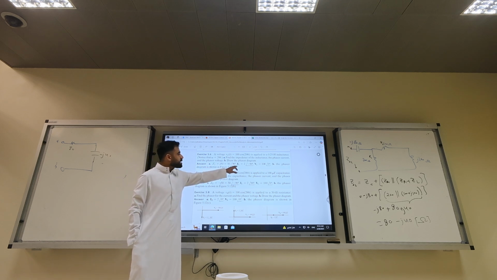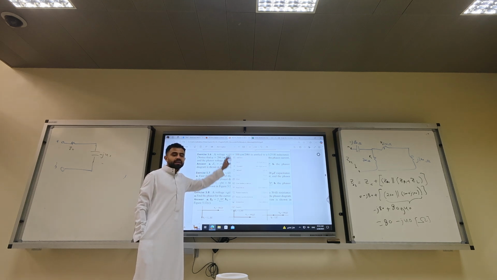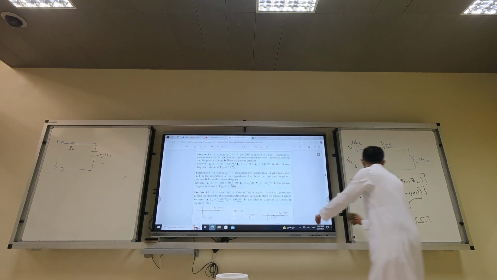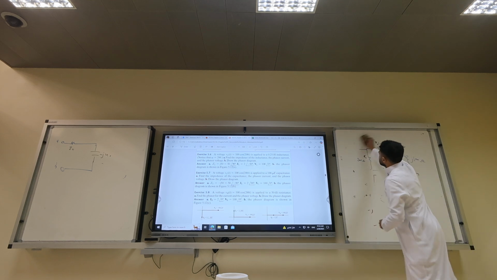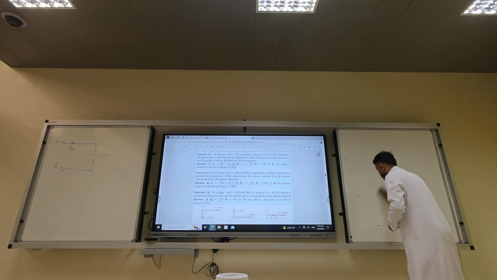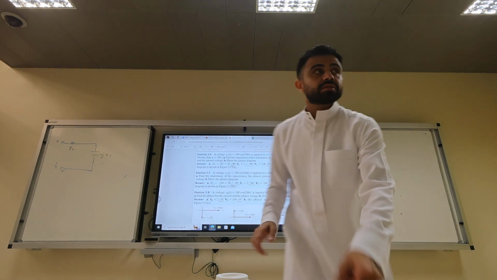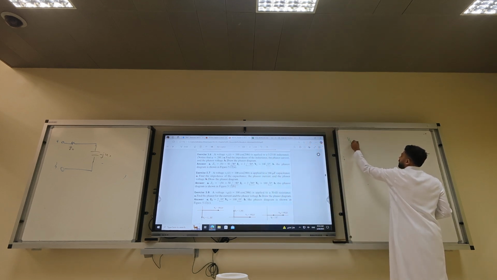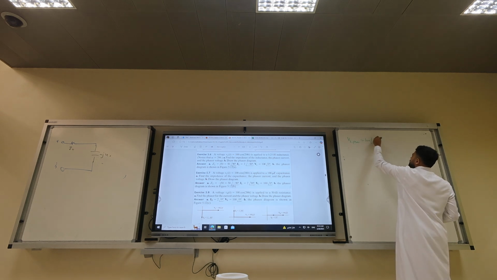Now, what is the current? You have to write the voltage as a phasor. So in this exercise, what's the voltage as a phasor? It will be 100 angle 0, right? So V sub L phasor equals 100 angle 0.